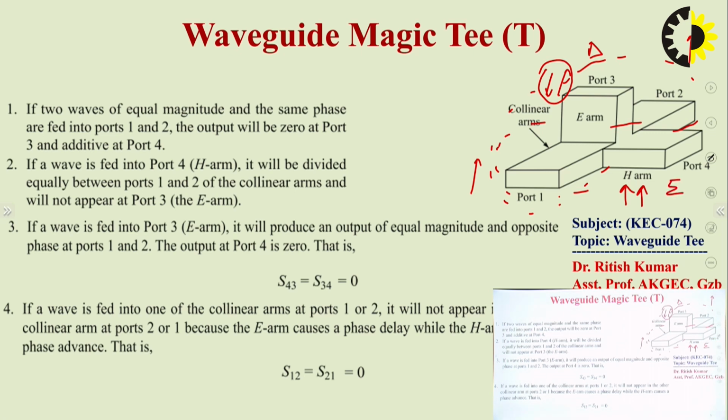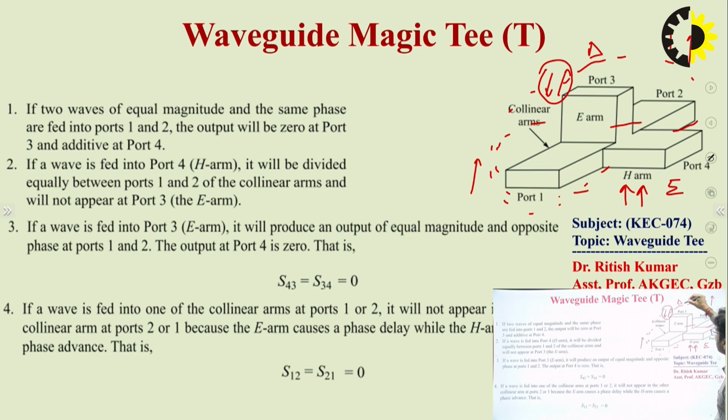Now, suppose I change the phase of port number 1 and port number 2, that is, change this field orientation with a 180-degree phase shift. So these two fields are opposite in phase. So at last you will get the summation of the E field at port number 3.